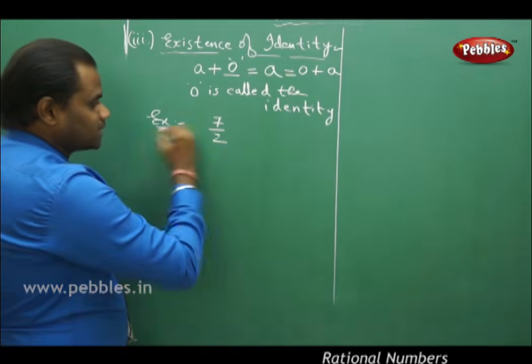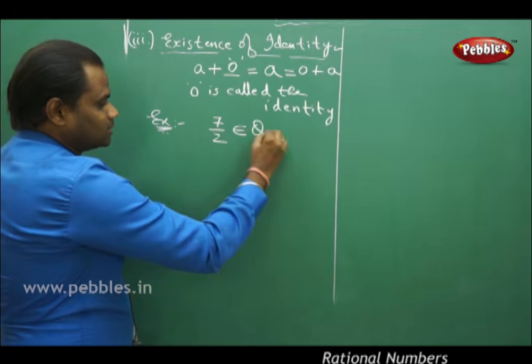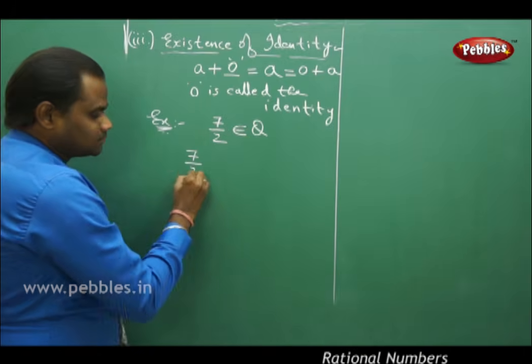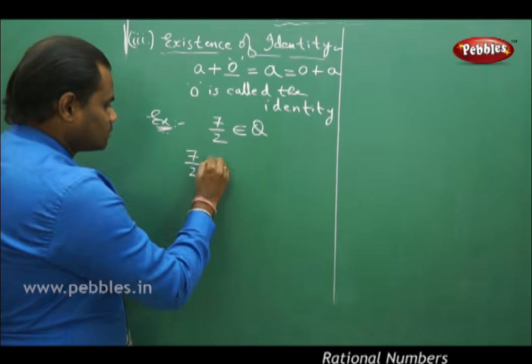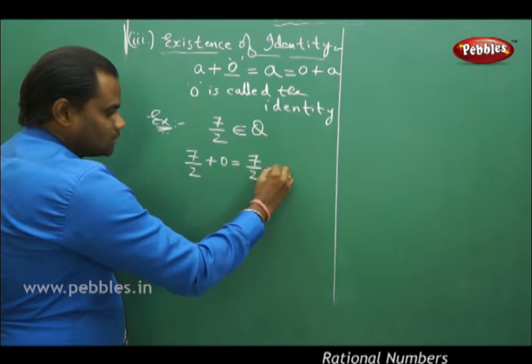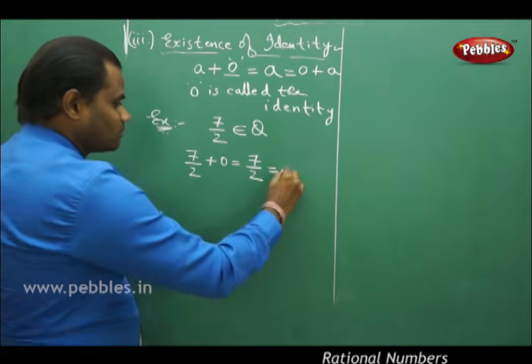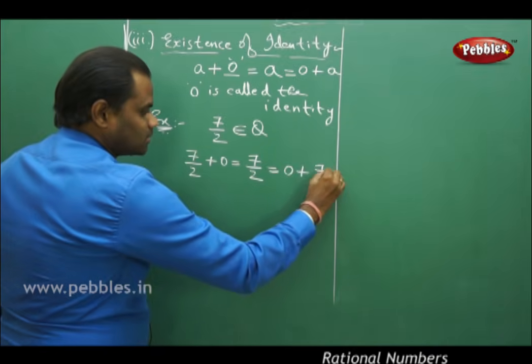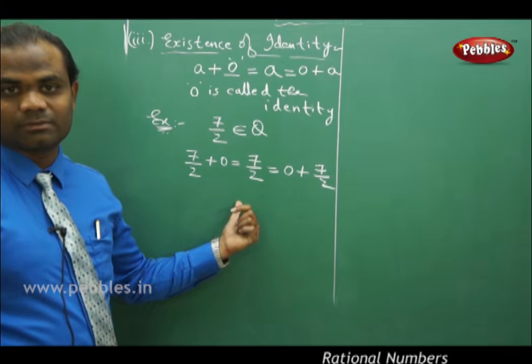In this case, when I take 7/2 as the rational number, then I clearly understand that 7/2 when added with 0 gives me back 7/2. In the other case, when you take it in the form 0 plus 7/2, it also gives me 7/2.